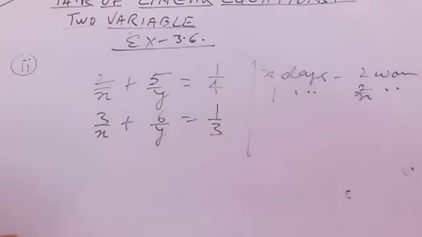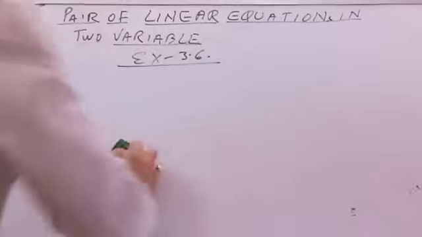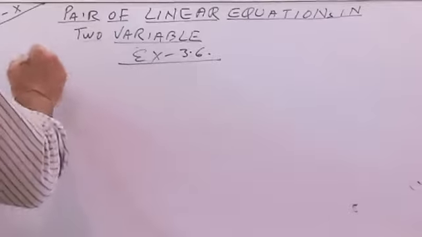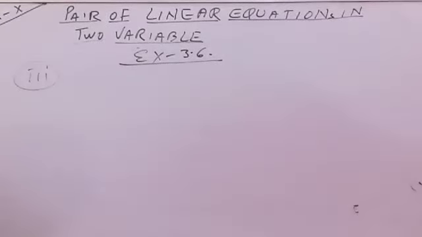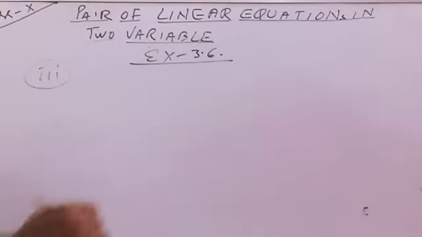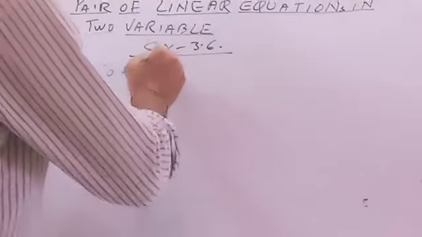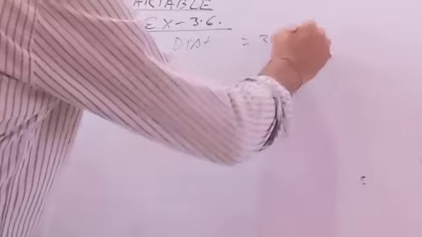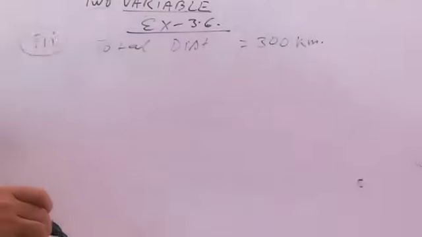And the last question I am just doing, the third part of question number 2, that you all need to understand how to make. See what this question is: Rohit travels 300 kilometers. Total distance traveled by Rohit is 300 kilometers. Okay, what is next?